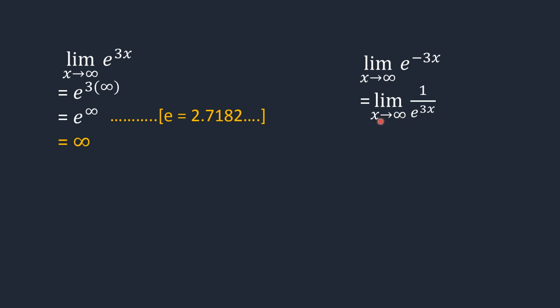Now we will substitute x equals infinity in this function and write 1 over e to the power 3 into infinity, which will be 1 over e to the power infinity. Now e being a positive irrational number whose infinite power will be infinity, and 1 over infinity will be 0.